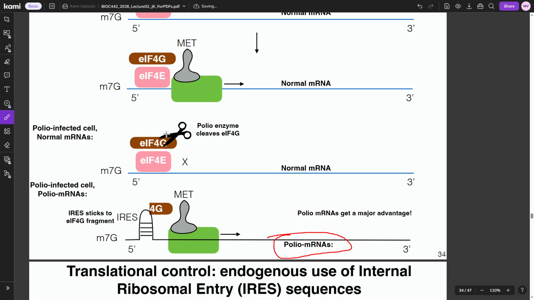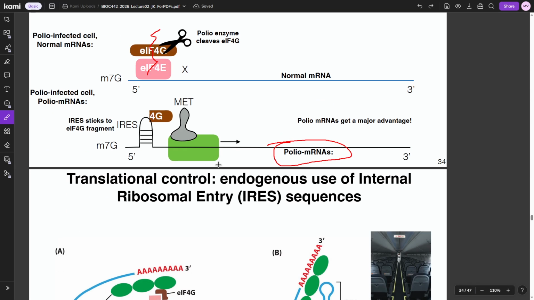So not only are you breaking the machinery for the normal translation process, you're also increasing the ability for the polio mRNAs to get translated, because the part that you cut off is able to bind to the ribosome binding sites of the polio mRNAs and causes recruitment of ribosomes to those mRNAs as opposed to the normal mRNAs of your cell. So this is the danger with the polio virus.